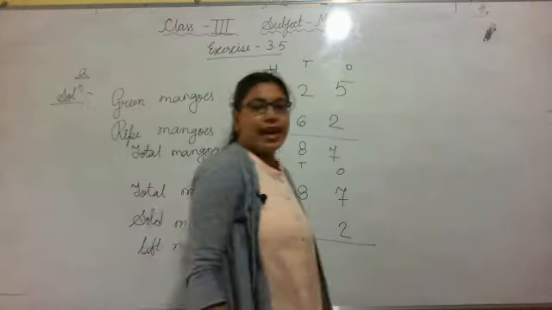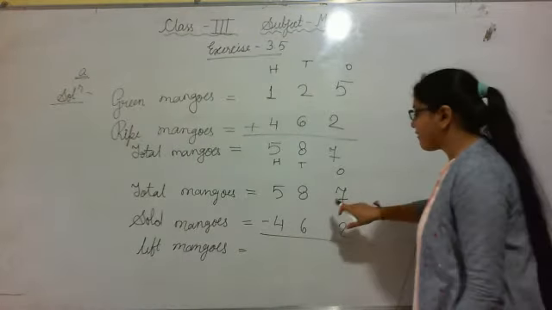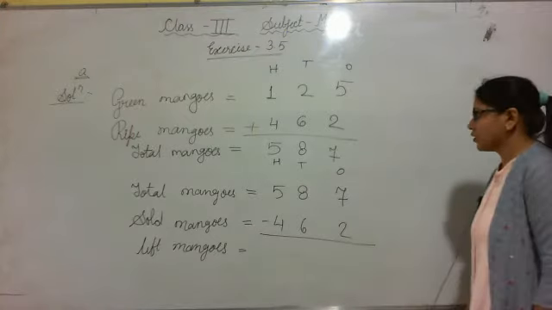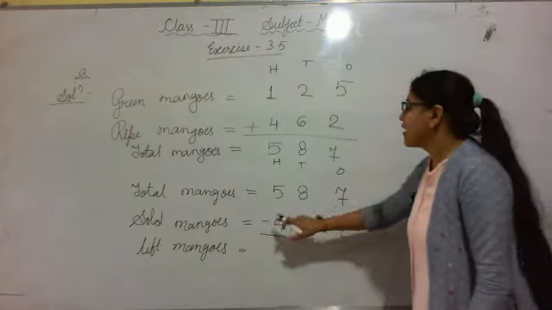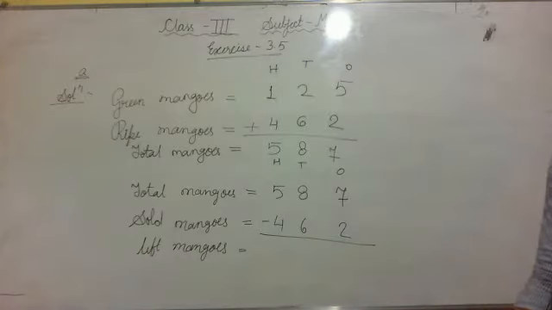Okay, so let's subtract. Starting from the ones place, 7 minus 2. So all of you count or open 7 fingers. Okay, minus 2 is there.